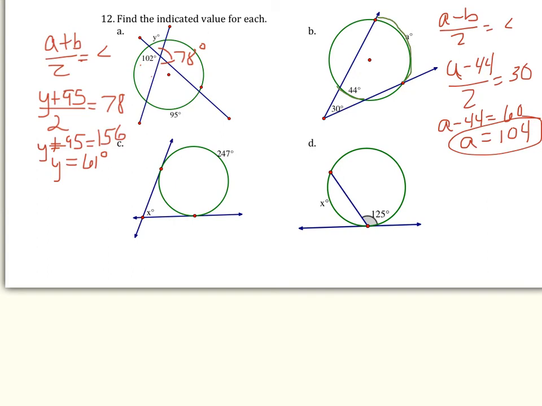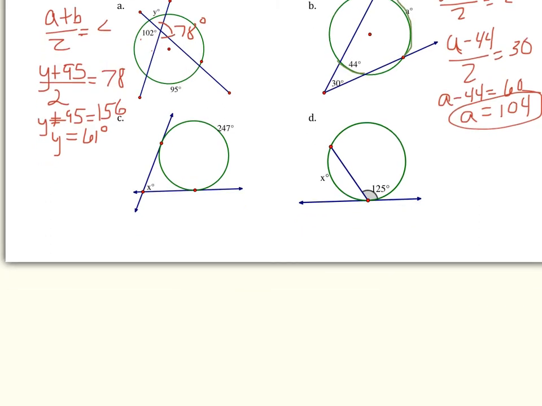All right, let's go to letter C. On letter C, I see two tangents. So I know it's going to be the same as what I did on B. It's going to be A minus B over 2 will equal the angle. Well, you might be going, but I only see one arc because we have the outside arc, right? We have the 247. But wouldn't the inside arc just be the rest of what it takes to make a circle?